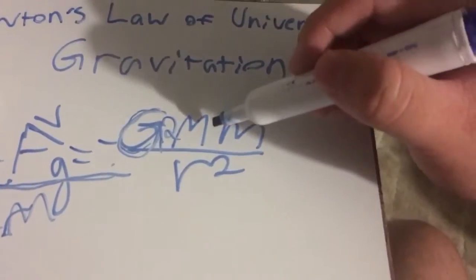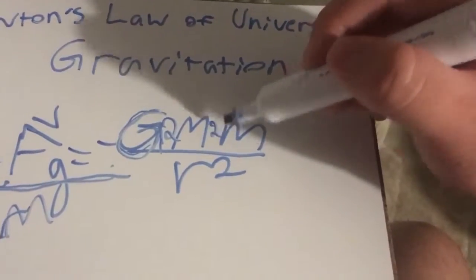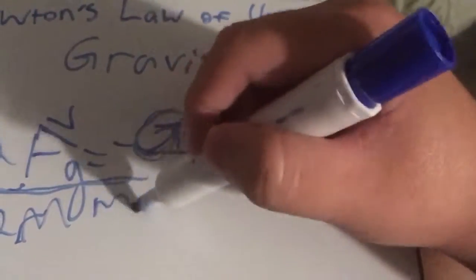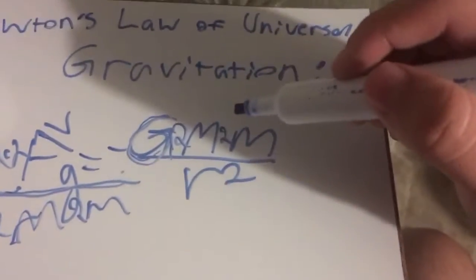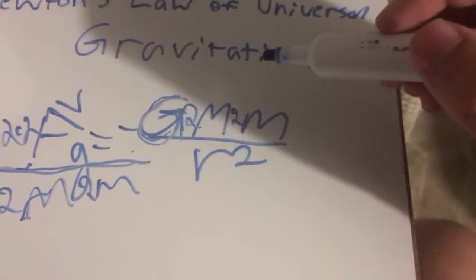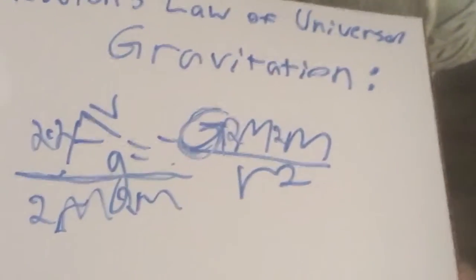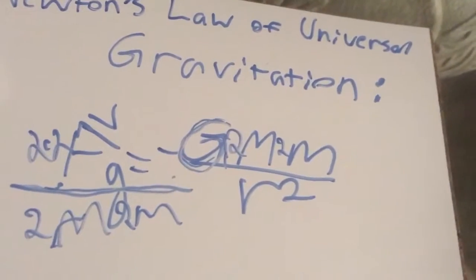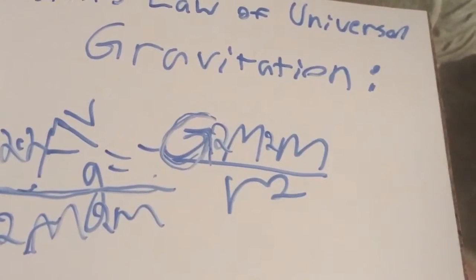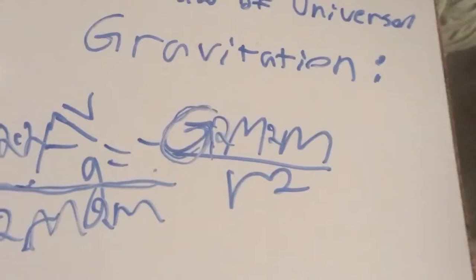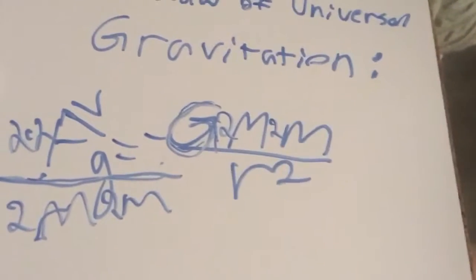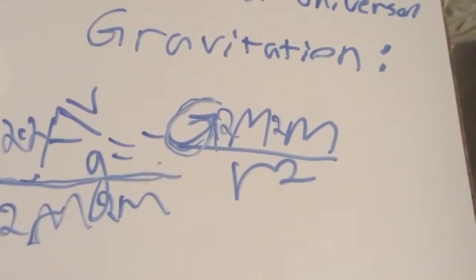Same thing if you double the mass of the smaller body. You have to double the force of gravity also, and that ratio is equal to a constant. And that's common sense. You double the mass, you double the amount of stuff you have. If you have some gravitational force as a result of the amount of mass you have, then if you double that mass, you would double the gravitational force.